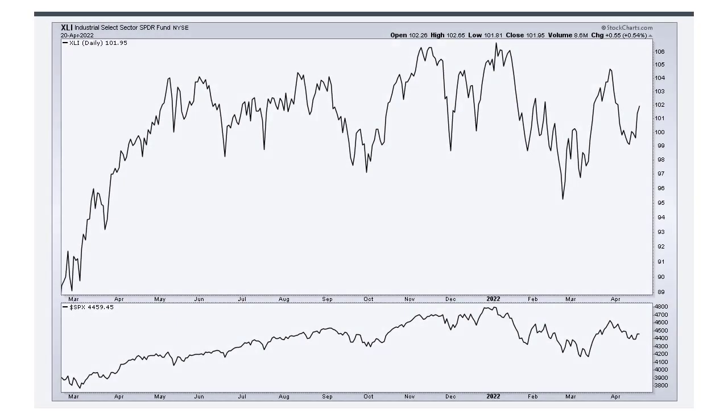So at StockCharts, what I do is take this one step further, and I take a chart list. This is an ETF chart list that I've got here. We've got XLI, and I've just got a line chart with no annotations on it, and I have no plans of annotating this. Below it, I have the S&P 500, and that's what I'm using to compare performance.